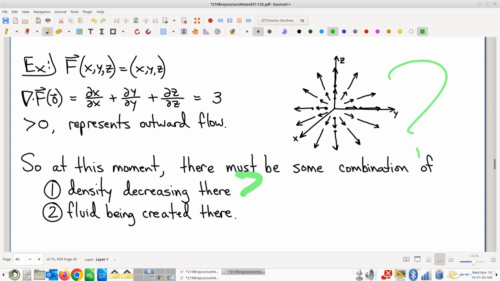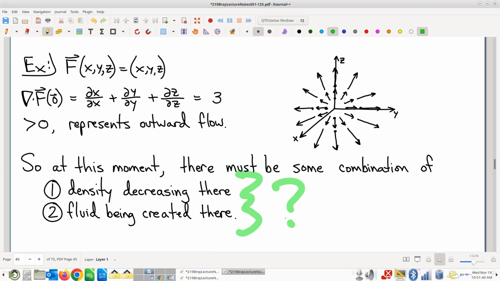And I pointed out that there are a couple of different possibilities for how you can think about fluid flows. You might think, well, there's a certain amount of stuff, and that stuff is going away, so you are losing stuff, and therefore the density would be decreasing. Or, such as in our light bulb example, you might say, well, maybe the fluid's just being created. It's flying away, but it's being constantly generated, and therefore the density is not changing at all.